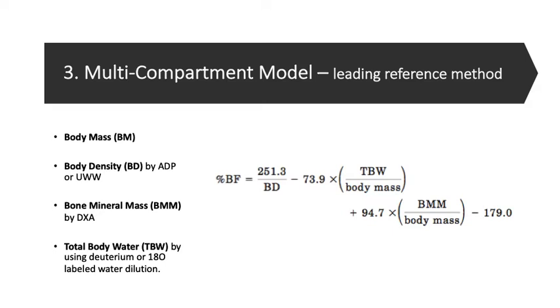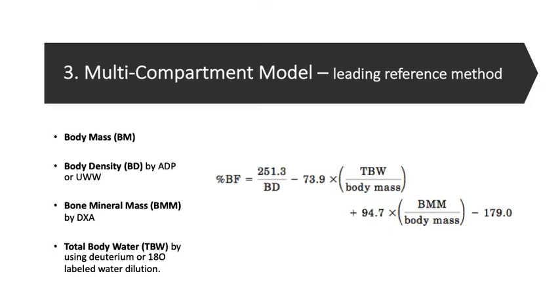You want to make sure that it's calibrated and that it's a proper scale. The second metric we need is body density. This is determined using air displacement, which is the BOD POD, or underwater weighing, known as hydrostatic weighing. So you have to have access to the BOD POD to get that measurement.